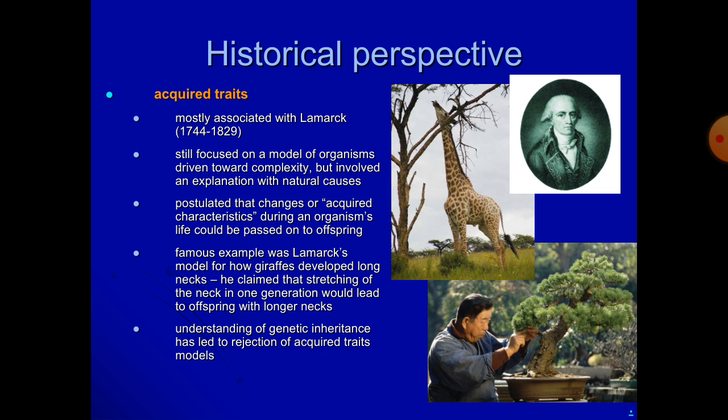Understanding of genetic inheritance has led to rejection of the acquired traits model. In this model, Lamarck believed that if parents stretched or acquired a trait by stretching their neck, specifically in giraffes, to reach tall trees and eat their leaves, then the offspring would also acquire the trait because it would be passed down from parents to the offspring.